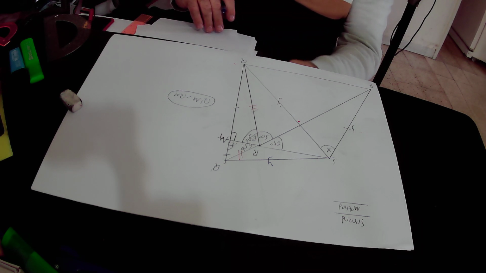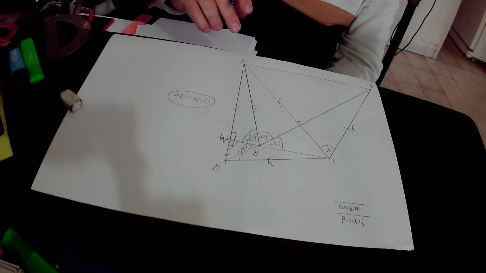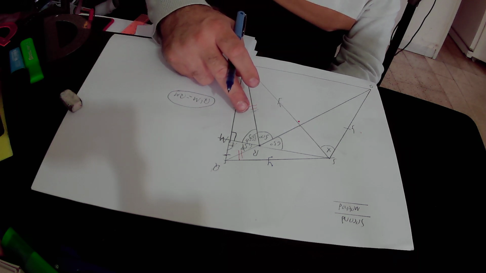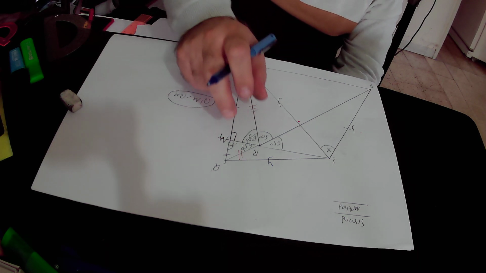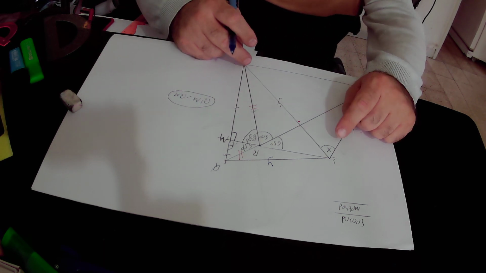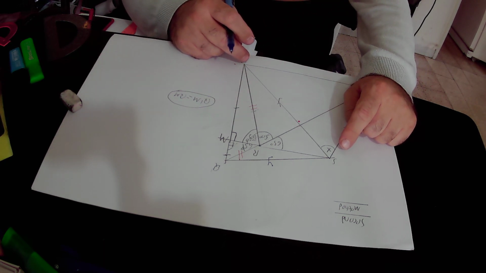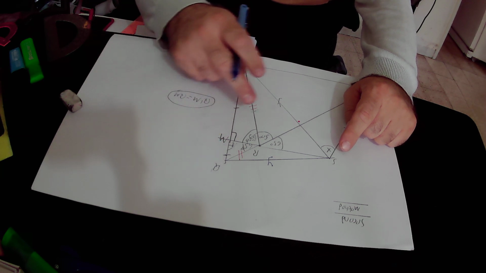QR equals Q'R, and we know also that SQ equals SQ dash.